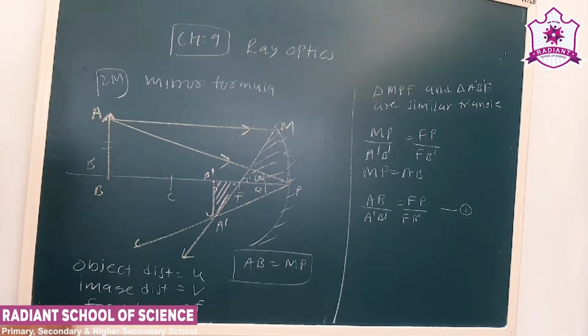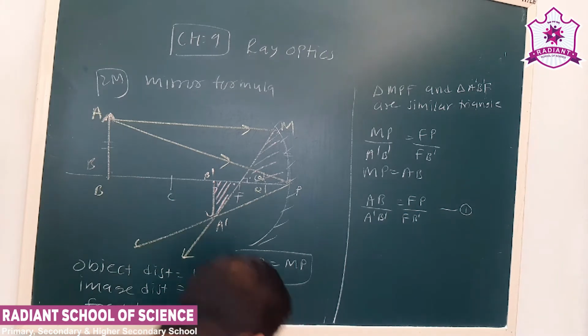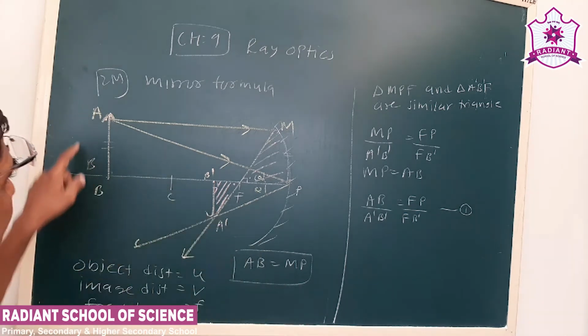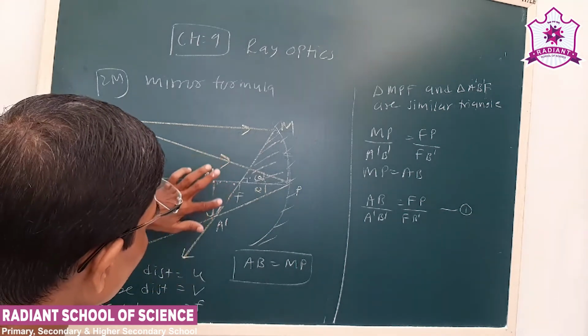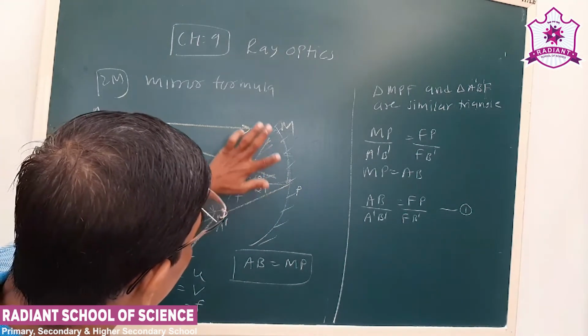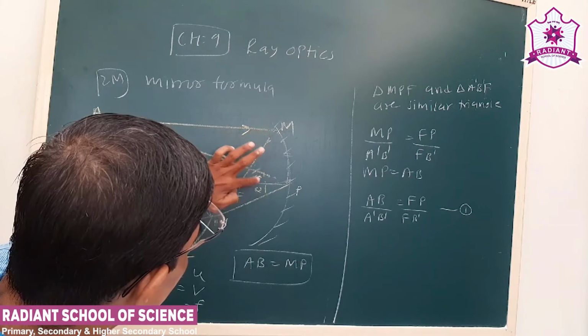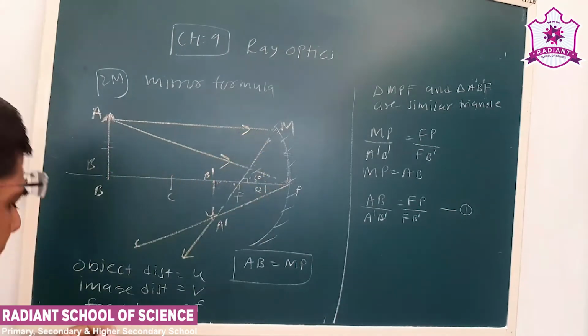Now another similarity we have to consider, triangle ABP and A'B'P. Now I do not use the other one, so that's why I have removed this.